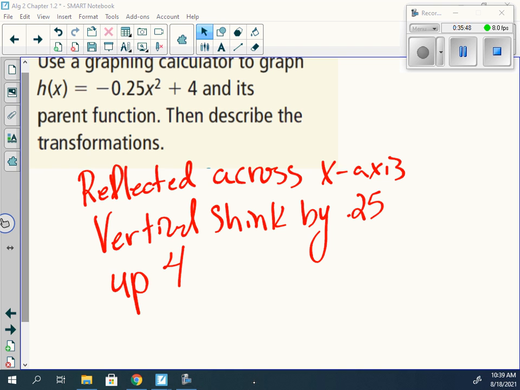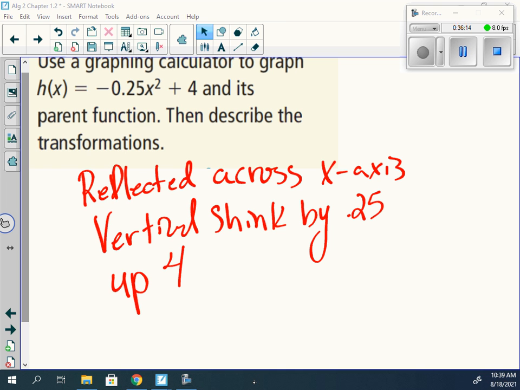Once it's squared, we're talking about output value, what's going to come out of the function. Before that, we're talking about what's going in. So that's where we get the left and right. K, since it's outside, it's affecting the output, how the overall function moves up and down. Inside, input.